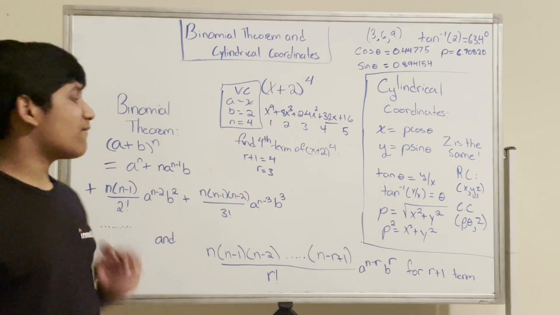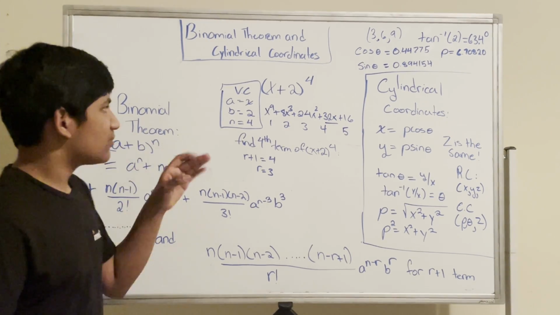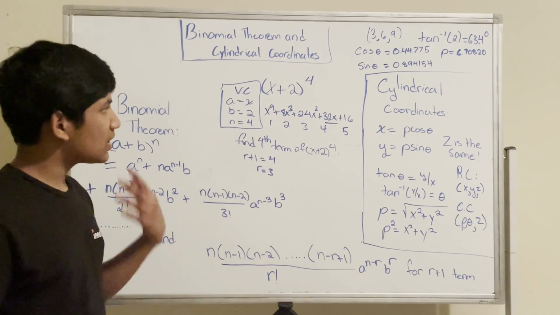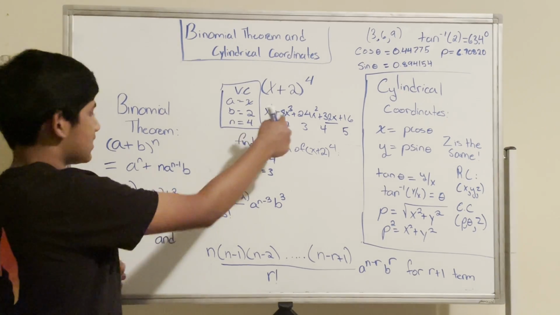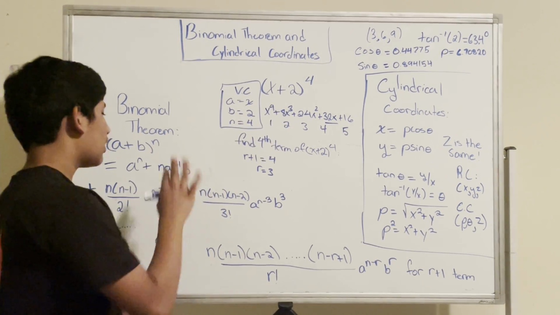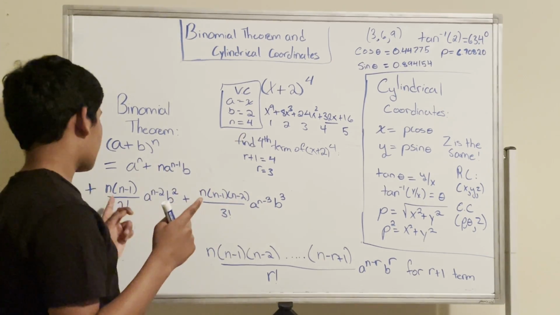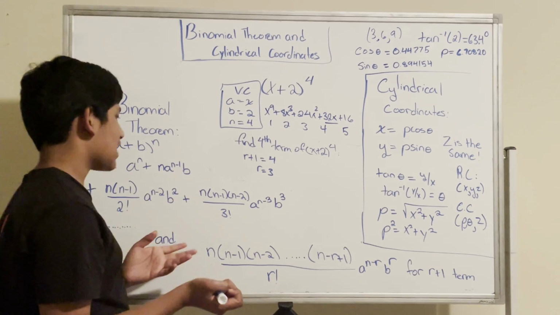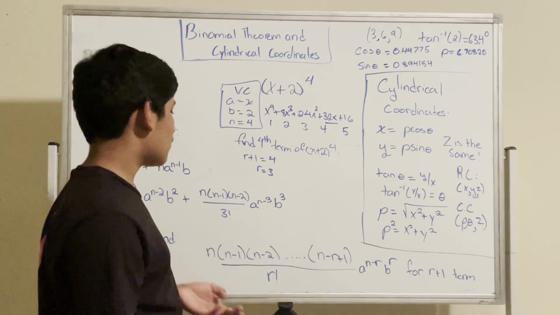Now, let's just check our coefficients really quick. The first one is x to the 4. Second one is 4 times 3, or 12. 12 over 2 is 6. 6 times, well, the second term actually is just going to be 4 times 2 is 8, and then 12 over 2 is 6. 6 times 4 is 24, and then 4 times 3 times 2 is 24 over 6.